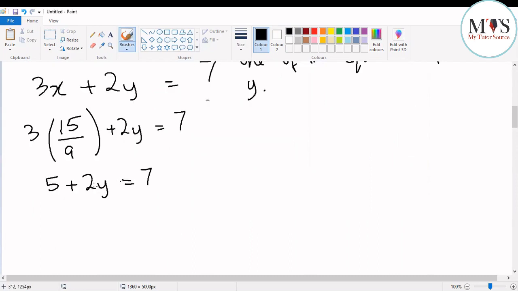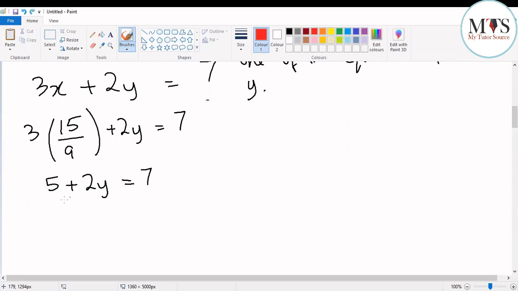All right. So can you tell me what we would do now? Divide them. So we won't divide them first, because if we divide by, let's say, 2, we have to divide all of the left side by 2. So we can't just divide the 2y, we have to divide the 5 as well, and that doesn't work.